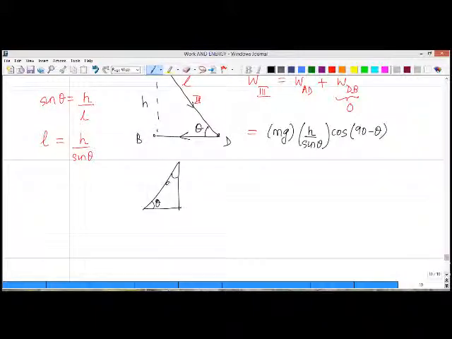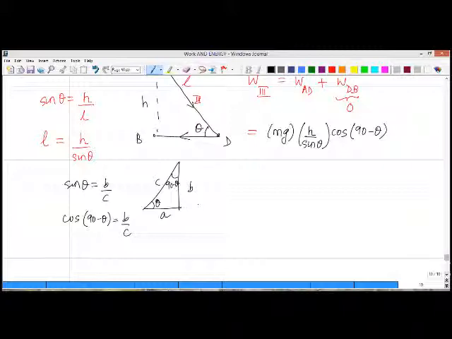If we have theta here, 90 minus theta, and let's say the sides are A, B, and C, what we know is that sine of theta happens to be equal to B over C, and cosine of 90 minus theta is also equal to B over C.